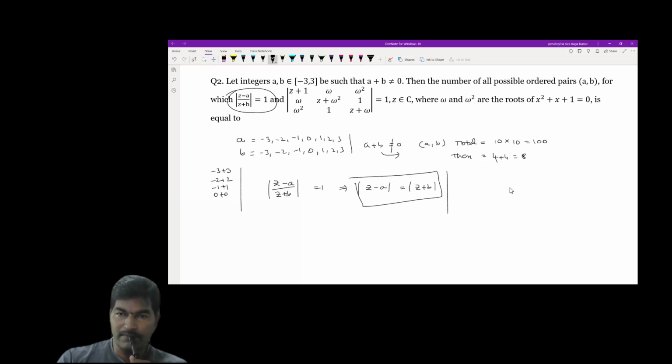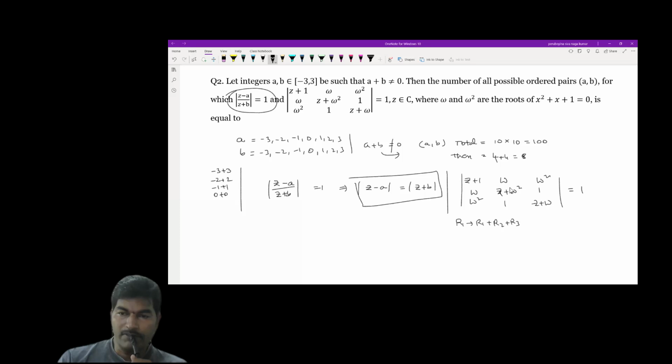Next, he wants to solve the determinant value. So copy that determinant value. Det of Z plus 1, omega, omega square; omega, Z plus omega square, 1; omega square, 1, Z plus omega. He said it is 1. So let's solve this. I am doing R1 plus R2 plus R3.